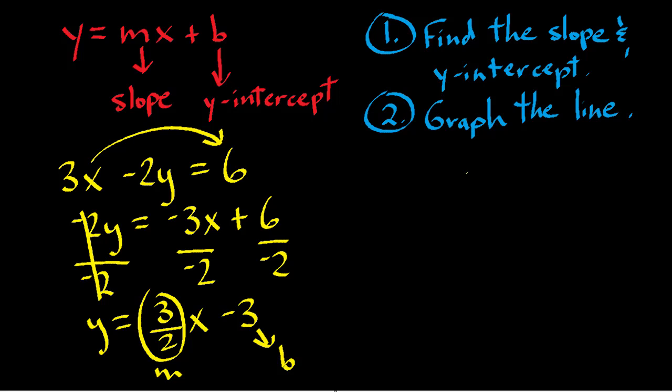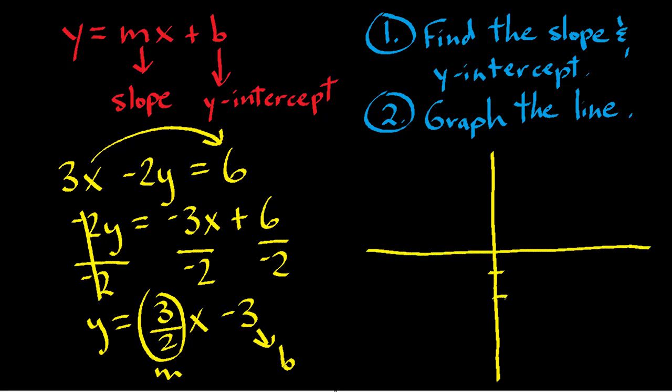So when we go to graph this one, we will start by plotting the y-intercept of -3. Plot it right there. And then we will use rise over run. So it's a positive, so we're actually rising 1, 2, 3, and then we will run 2 to the right.